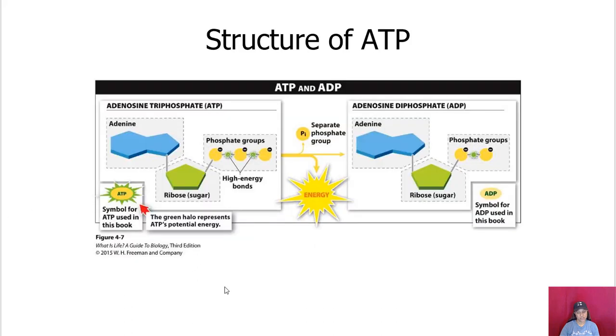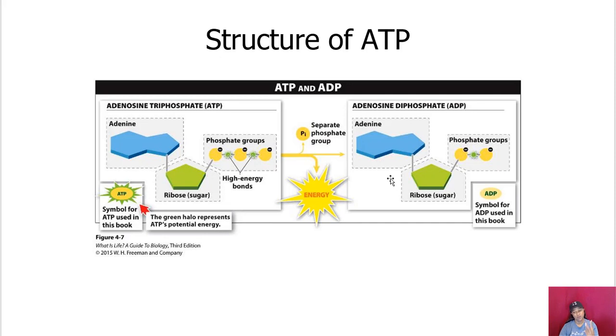So this is just another look at the structure of ATP, adenosine triphosphate, right? With the 2 high energy bonds that we have between the 3 phosphates that we can tap into in order to get energy. And when we remove one of the phosphates, that takes it down to adenosine diphosphate.